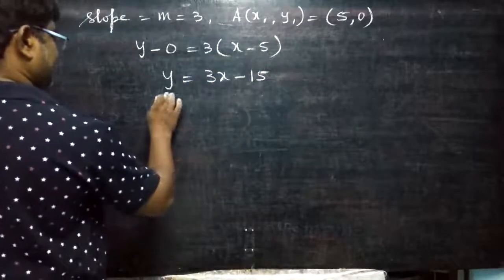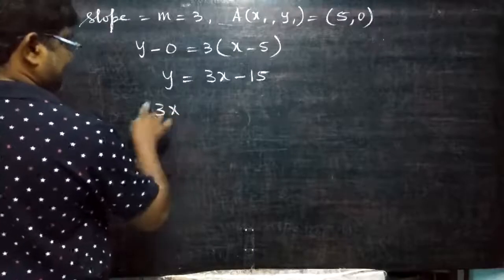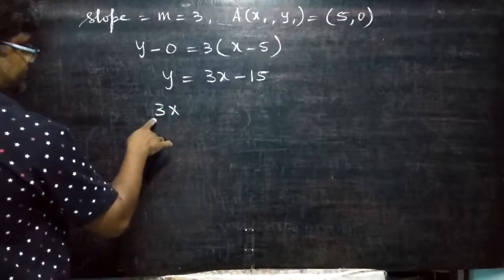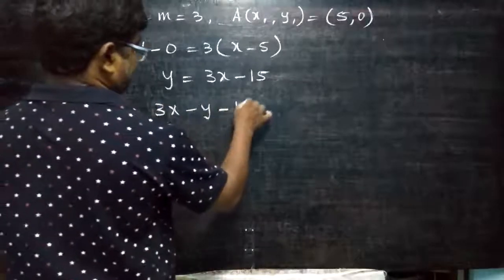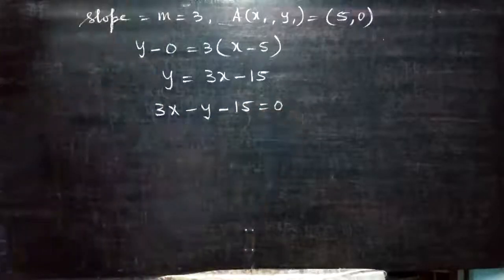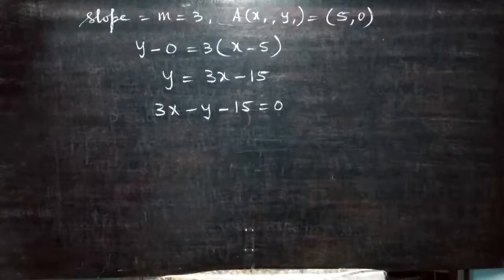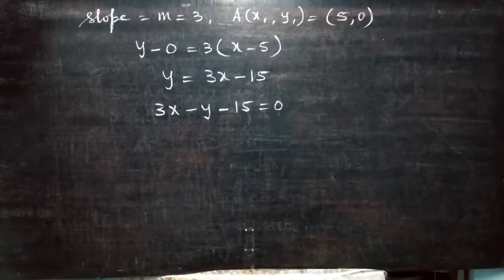Bring this one from left to right. 3x, never keep negative first. So that's why we are taking minus y minus 15 is equal to 0. Conclusion. Therefore, the equation of a line AB is 3x minus y minus 15 is equal to 0.